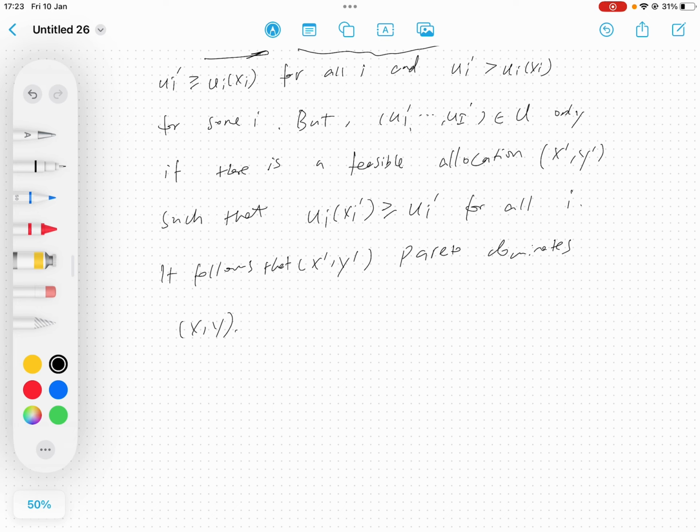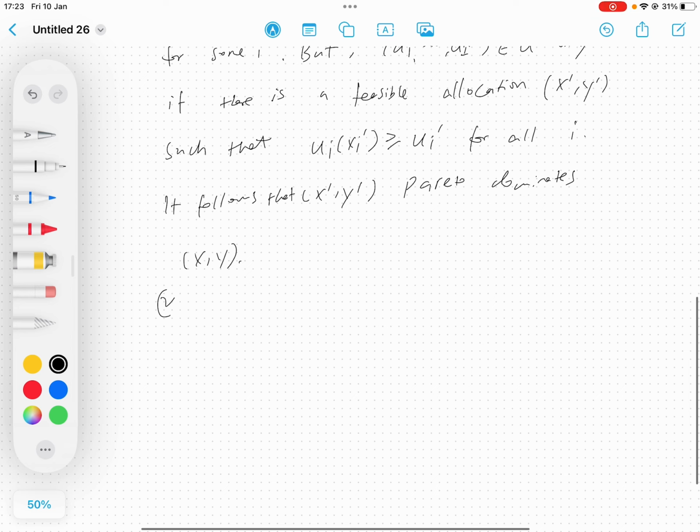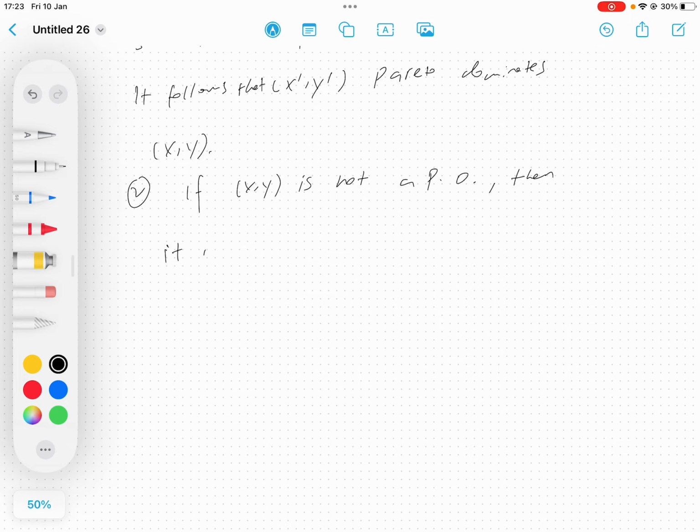Now for the other direction, suppose (x, y) is not a Pareto optimum. Then it will be Pareto dominated by some feasible allocation (x prime, y prime). We shouldn't reuse the same notation, but this is not the same as the one before.